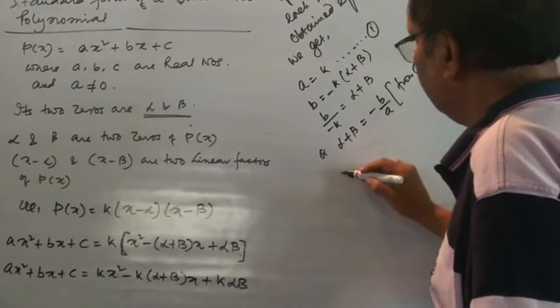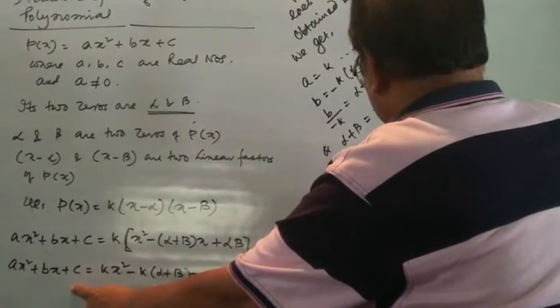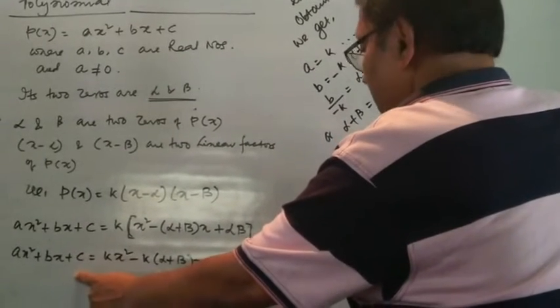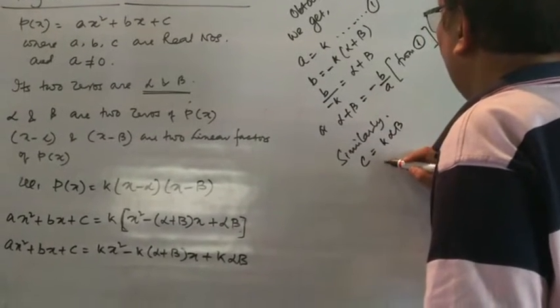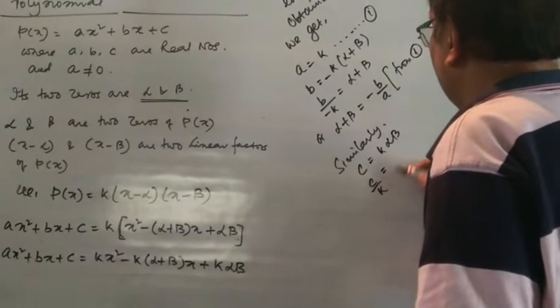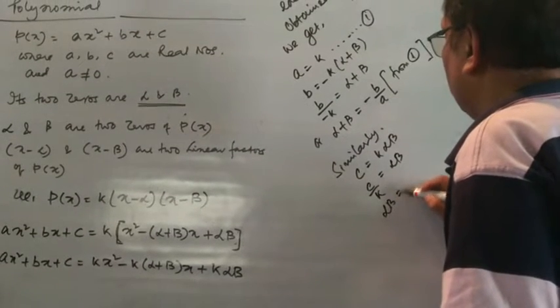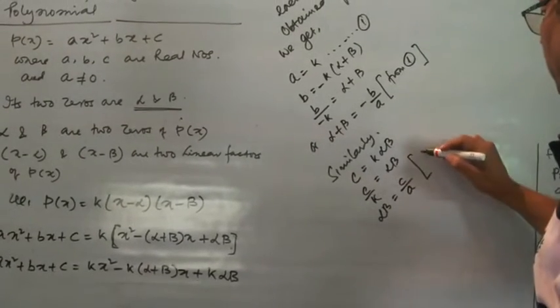And third one, similarly, the third term c equals k into alpha beta, or c by k equals alpha beta, or alpha beta equals c by a, from 1.